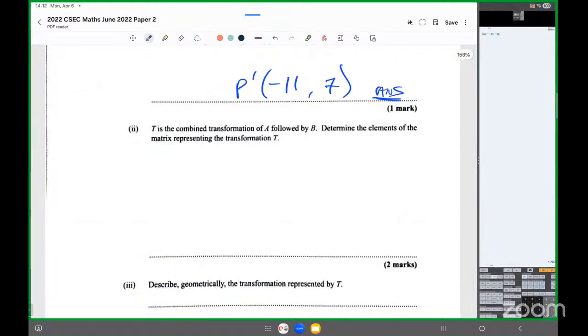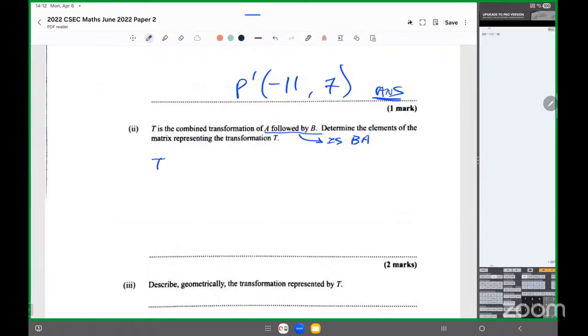Next part says T, the combined transformation A followed by B. So determine the elements of the matrix represented by T. A followed by B is B times A. Second one times the first one.